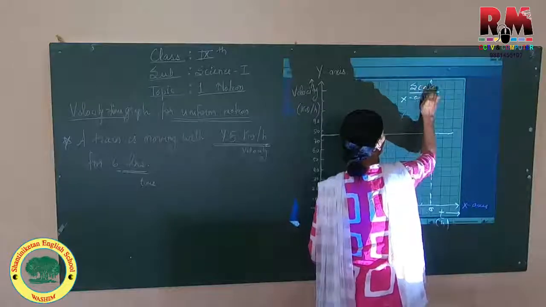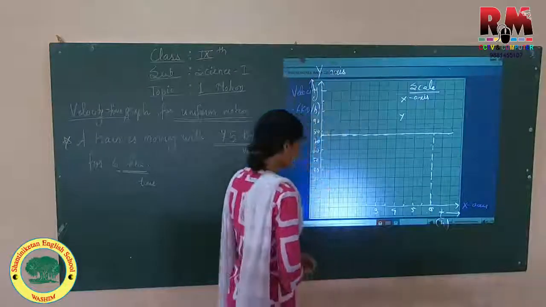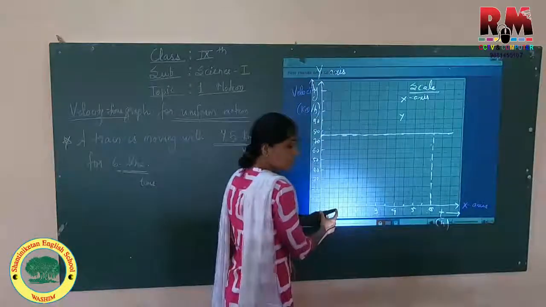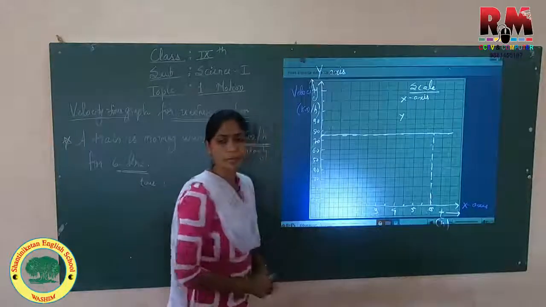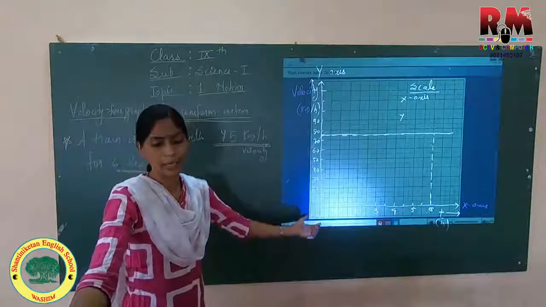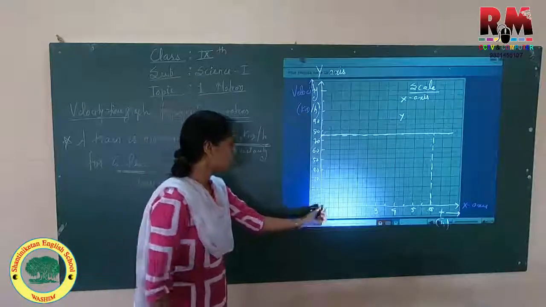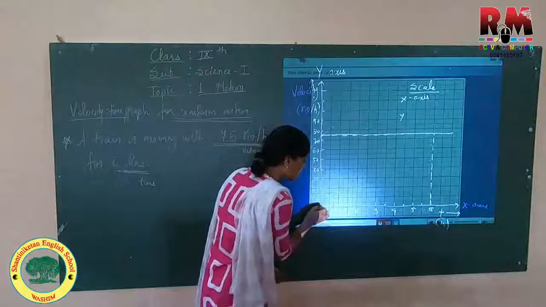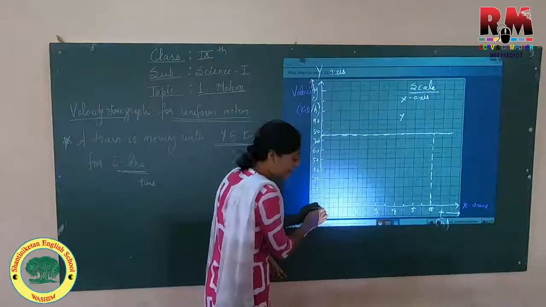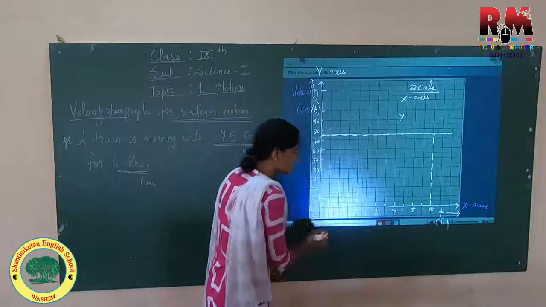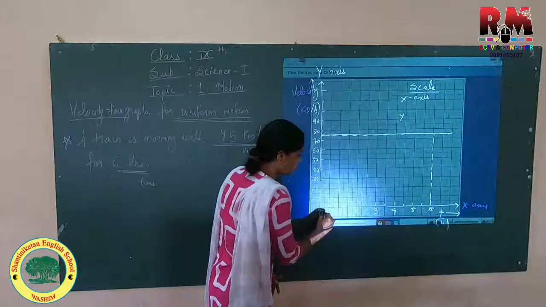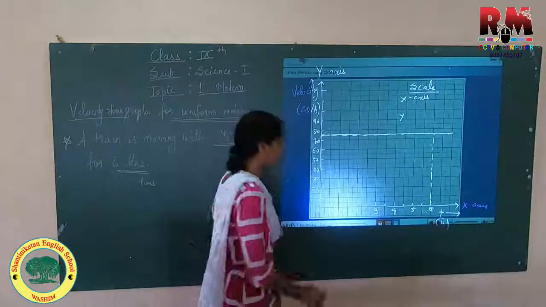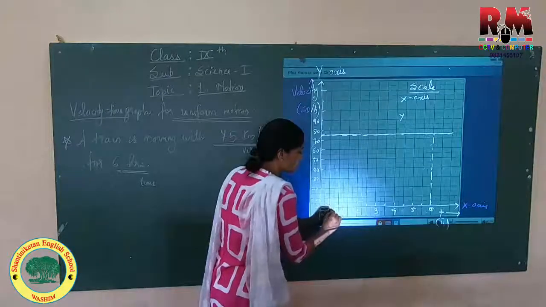Now for the x-axis, you have taken two divisions, so you have to tell for how much you have taken. One box contained 10 lines, and in the very first class, while explaining the graph, I explained that this is 1 centimeter.